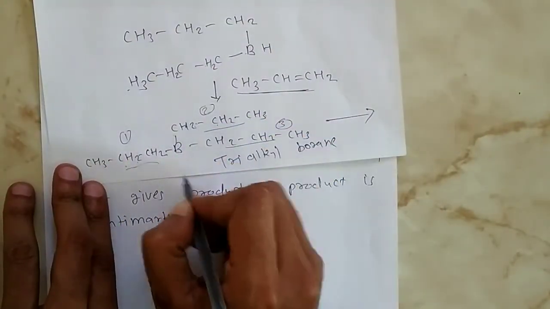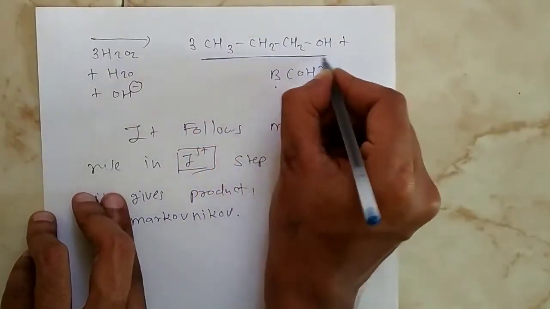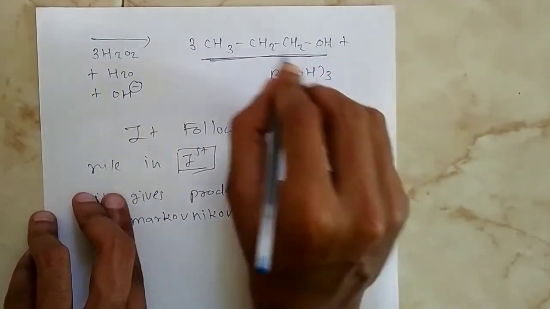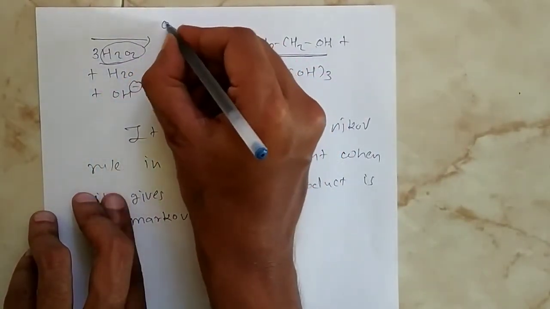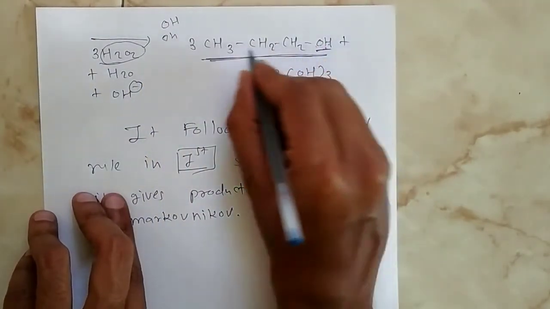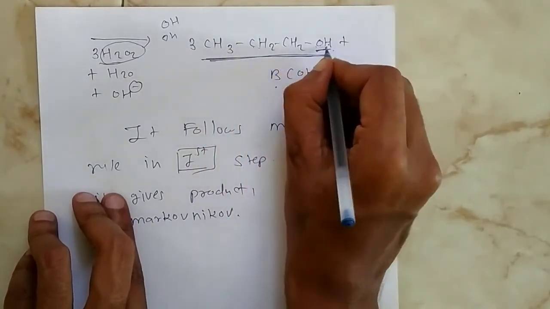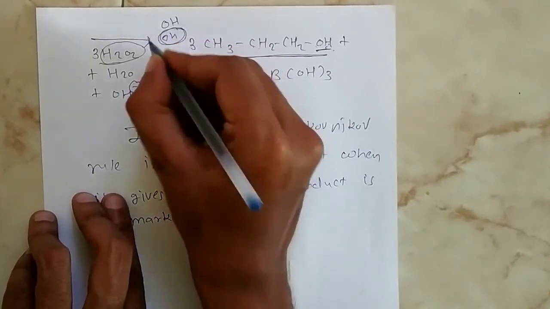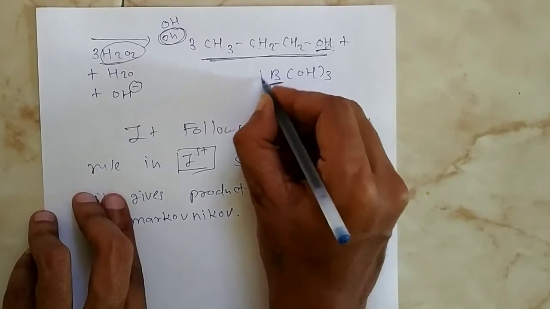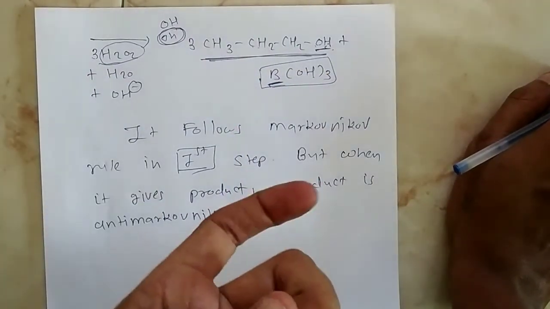So these 3 alkyl groups will leave boron and give OH, the alcohol group. This will break into 2 OH groups. One OH group is attached with the alkyl group, CH2 CH2 CH2 OH. Now one OH is remaining here, that will attach with boron. So it will give B(OH) thrice.